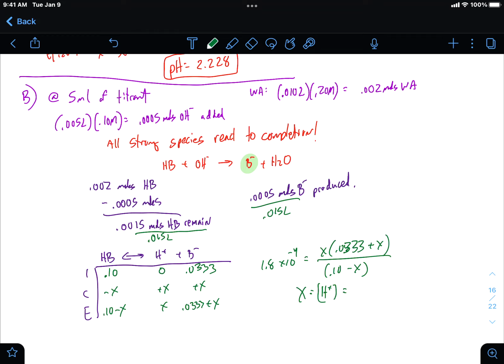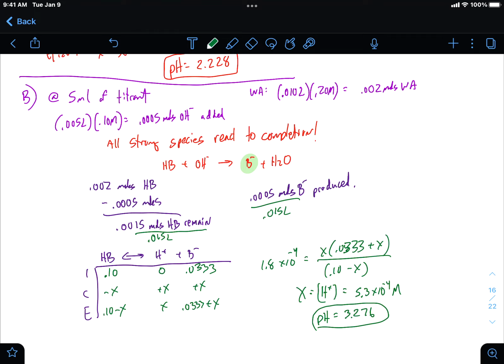So here I get 5.3 times 10 to the minus 4 molar. So that's a pH of 3.276.